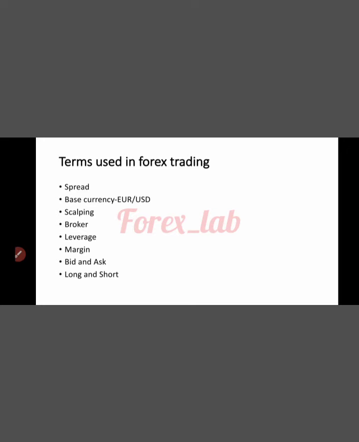Spread is usually referred to as the difference between the bid, bid means buying price, and the ask, ask means selling price. Brokers will pocket some of that difference as a way of profiting from the trades that they help execute on the MT4 or MT5 platforms.